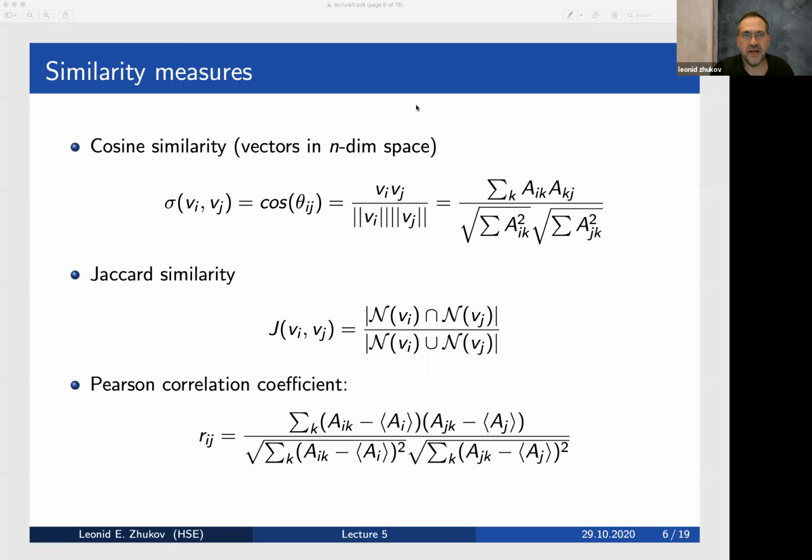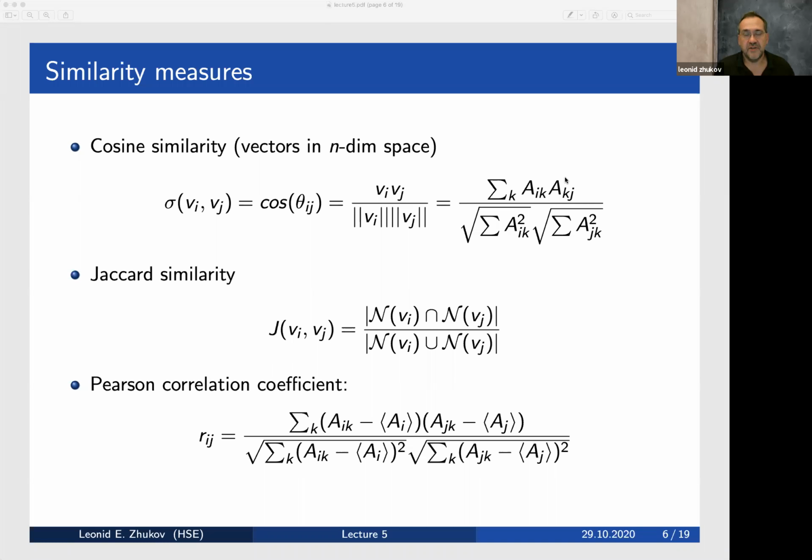So if I'm going to look at their actual metrics, because obviously if I introduce the notion of similarity, I want to introduce some way to measure the similarity. The easiest way to measure it, and it's probably the most popular, is what's called cosine similarity, where you take the vector representation of a node, the vector being a column or row in the matrix, and you just look for the cosine of the angle between those two vectors.